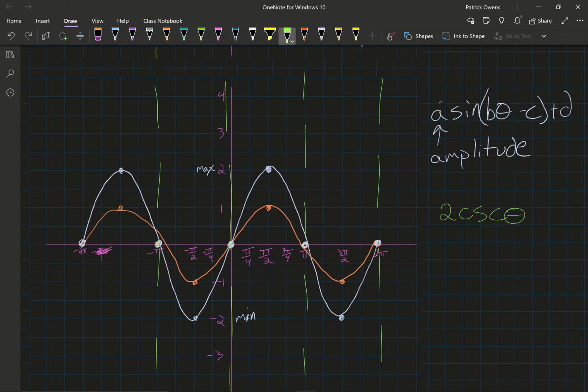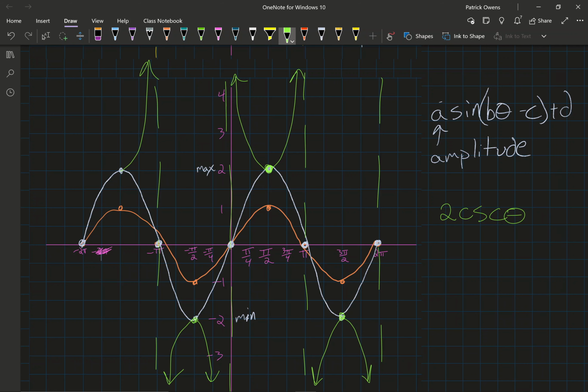And then the maximum for sine is your minimum for cosecant. Minimum for sine is your maximum for cosecant. And we have the same pattern with parabolas, just the amplitude makes the parabolas for cosecant and secant farther apart.